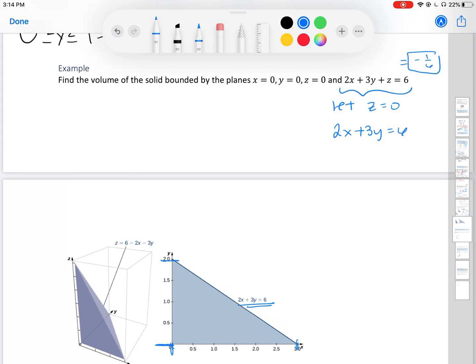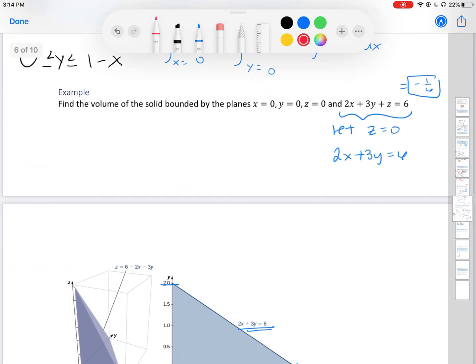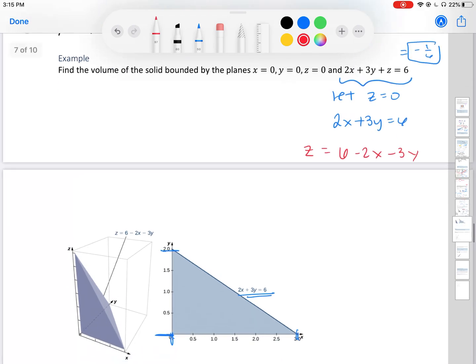But this also gives us a function for which we integrate. So we'll integrate for the function z is equal to 6 minus 2x minus 3y. So we're going to try to find our iterated integral for 6 minus 2x minus 3y.